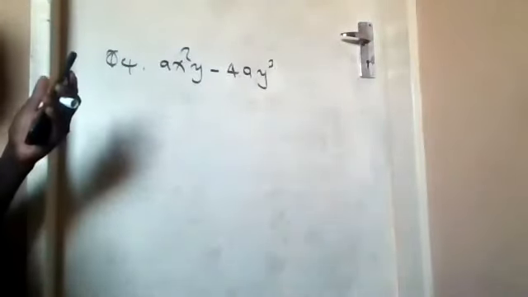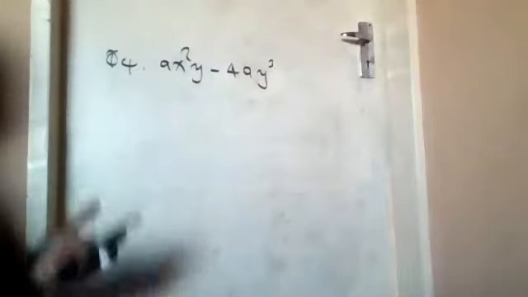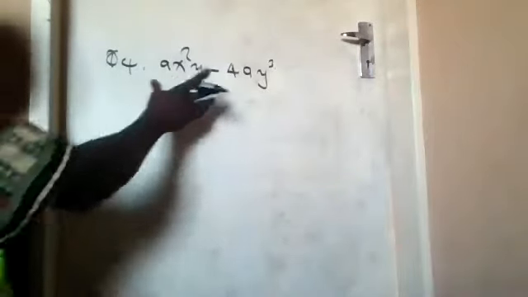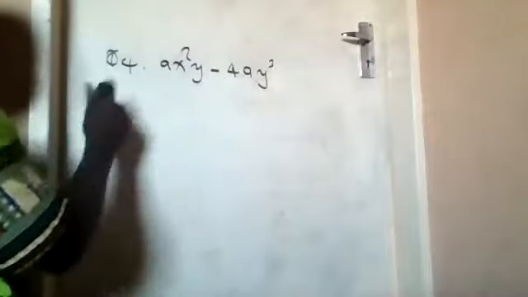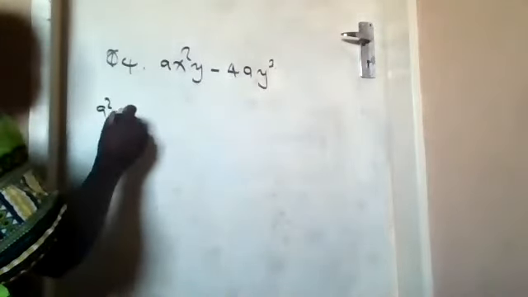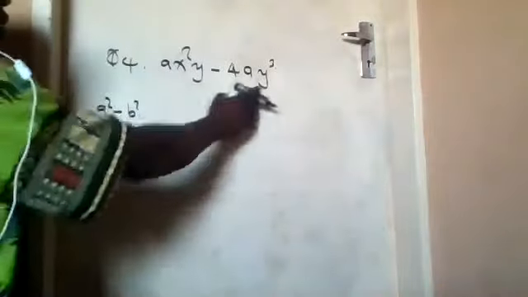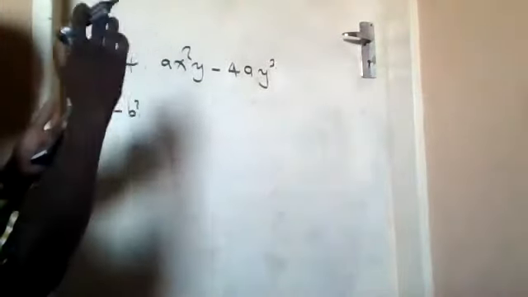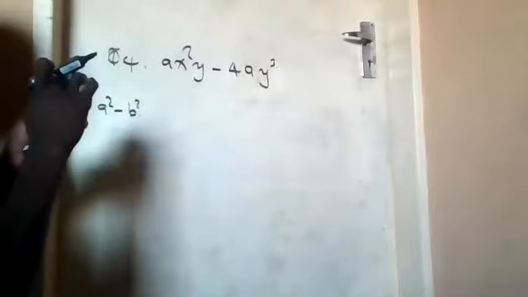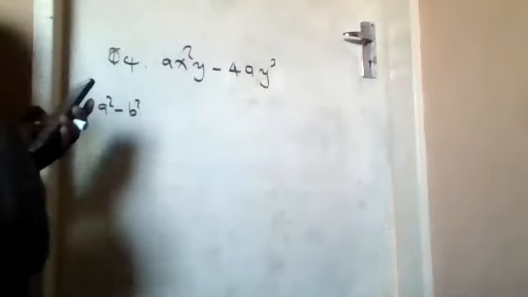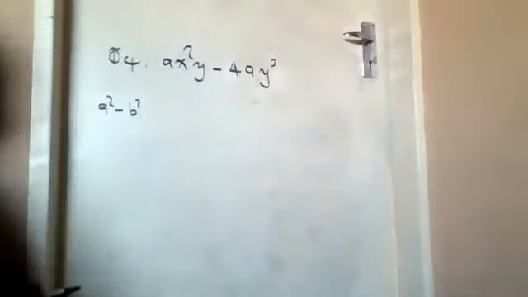When they say factorize completely, when you look at this, it must be of the form a squared minus b squared, perfect squares. That's what you're supposed to do. But looking at what we have here, these are not perfect squares. So the only way to make this a perfect square is by factoring out that which is common.